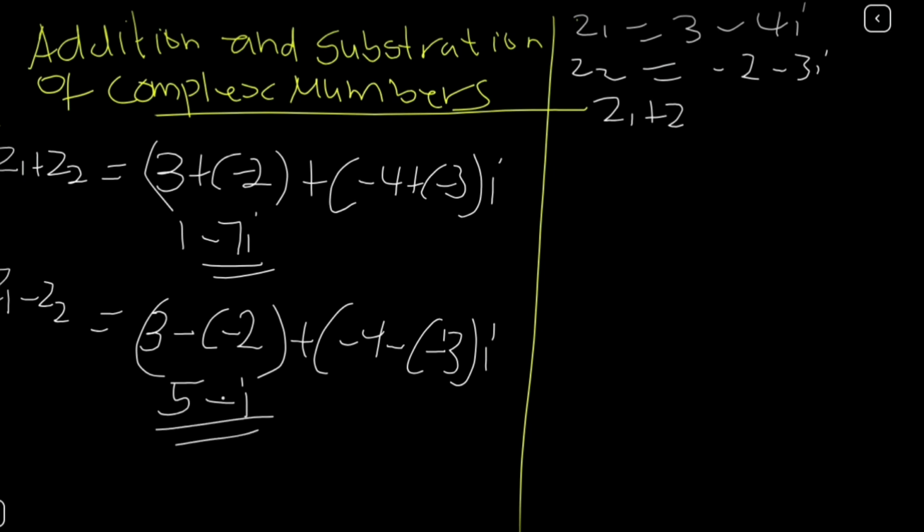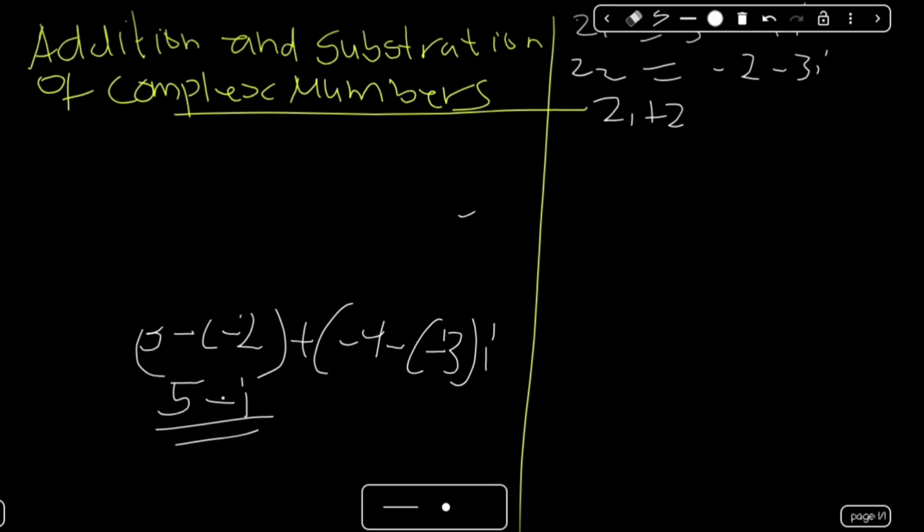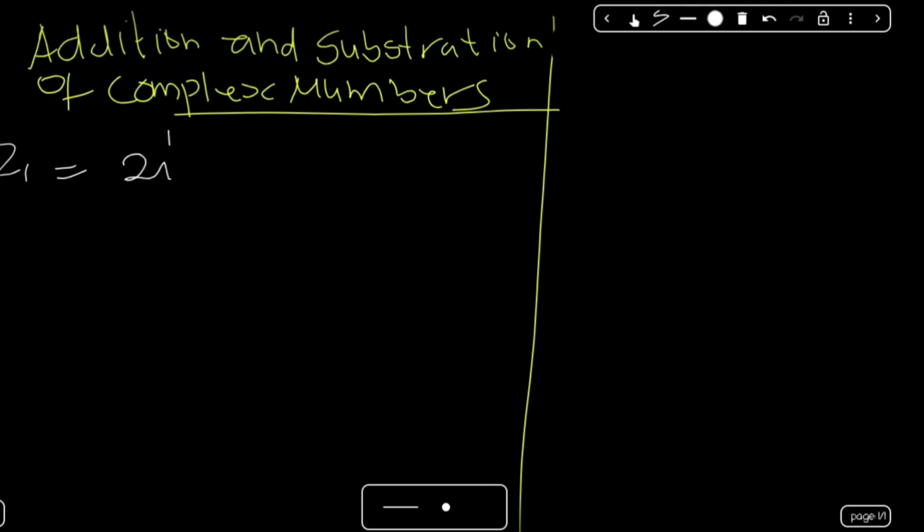Let's take another example. Let's say you are given z1 to be 2i and z2 to be 4.